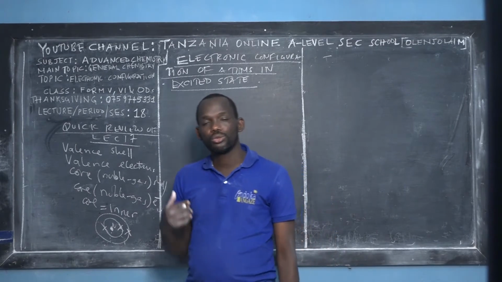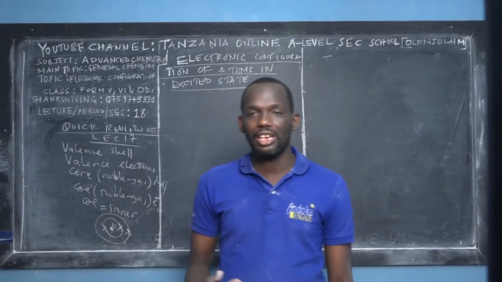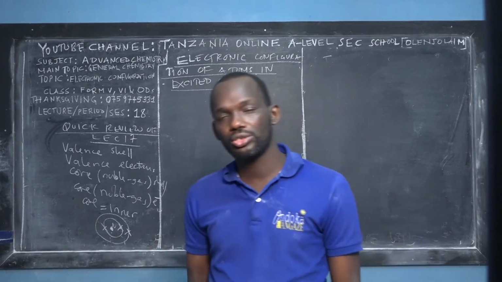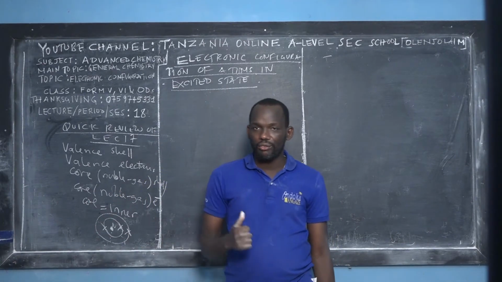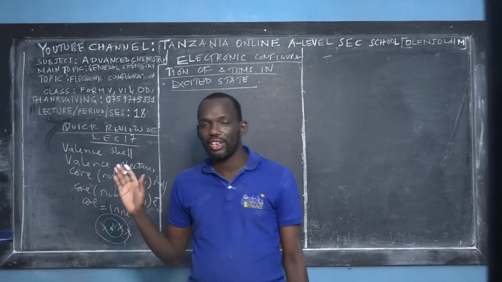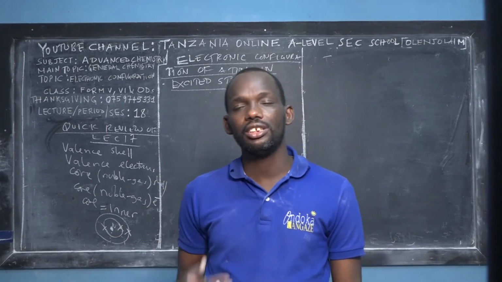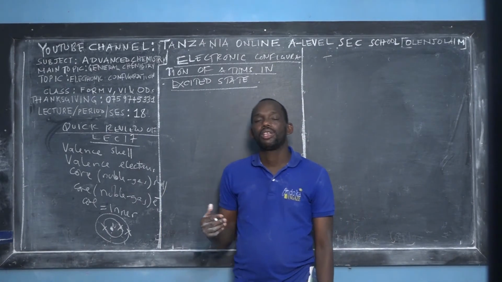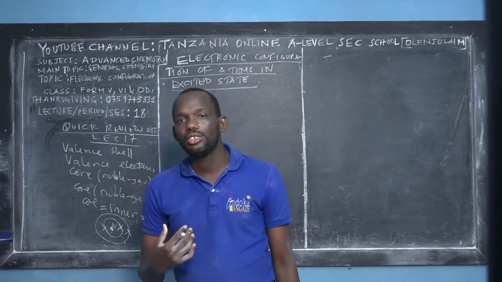So far, we have been writing the electron configuration when an atom is at the ground state. Everything we discussed after learning the Pauli exclusion principle and the Aufbau principle, and all the electronic configurations we used to write in O-level, were for atoms at the ground state. So today, I'm teaching you how we can write electronic configuration at excited state.